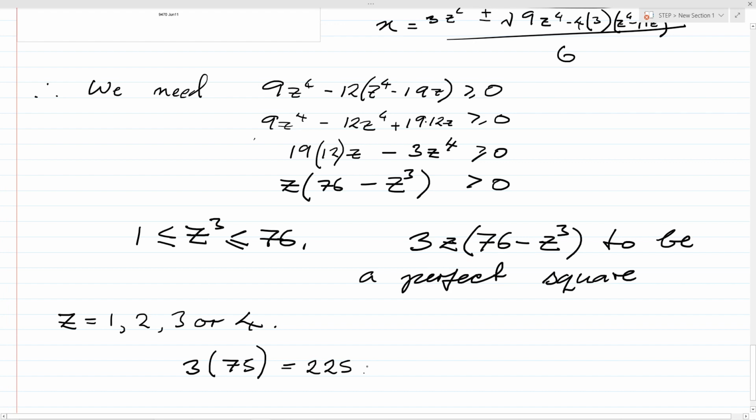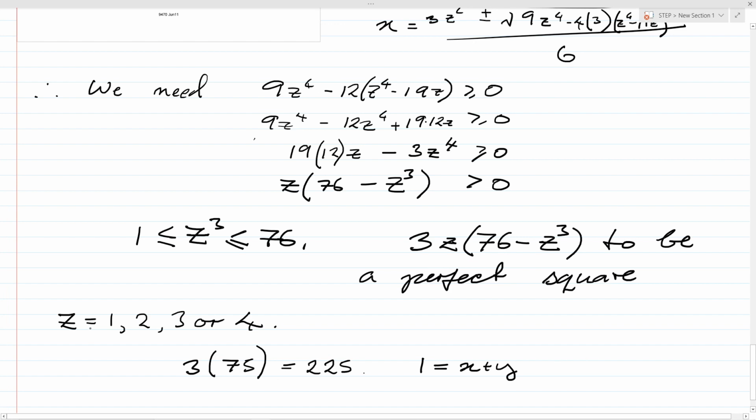We have that, but the only problem is that z squared, 1, is going to equal x plus y. This is a problem because x and y are positive integers, and so therefore this is impossible.